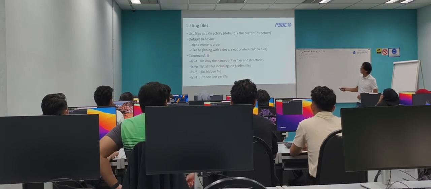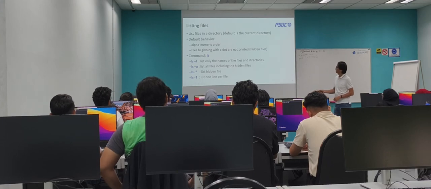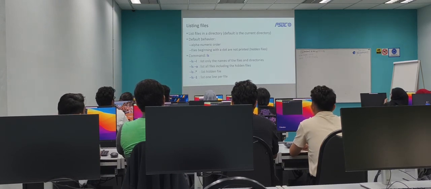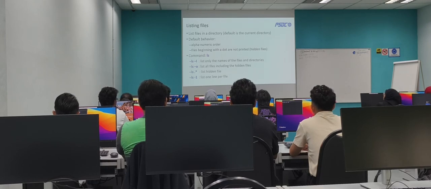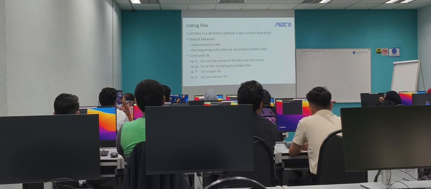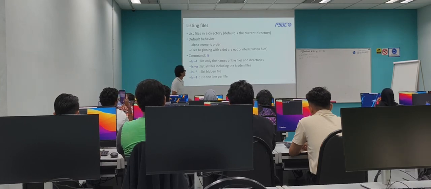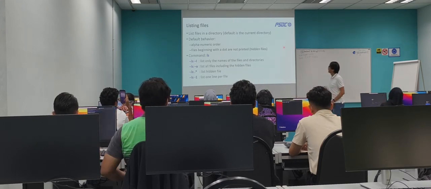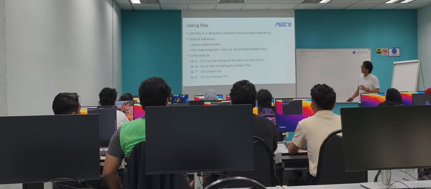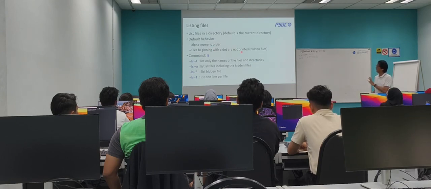So, the default behavior: if you don't specify any option, it will list in alphanumeric order, and all names beginning with a dot are not printed.